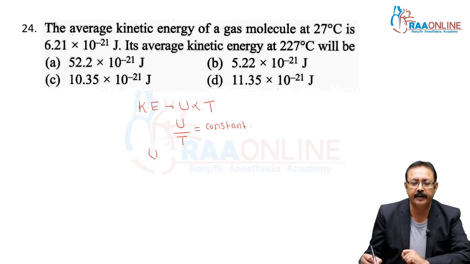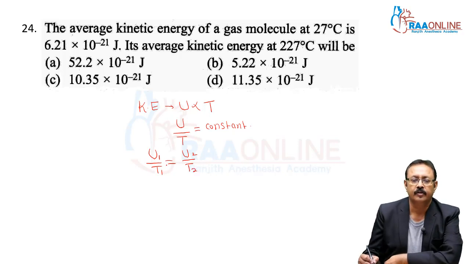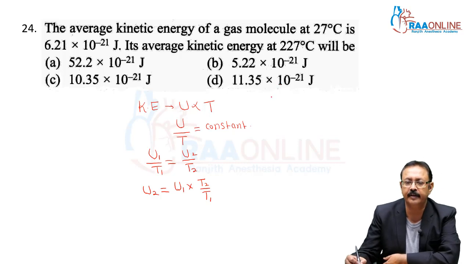Means initial kinetic energy upon initial temperature should be final kinetic energy upon final temperature. So final kinetic energy, if you want to calculate, should be initial kinetic energy into final temperature upon initial temperature.